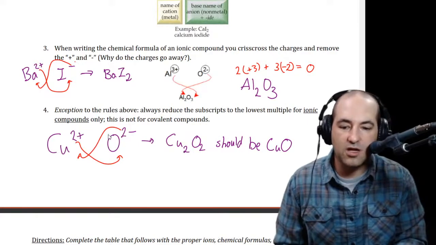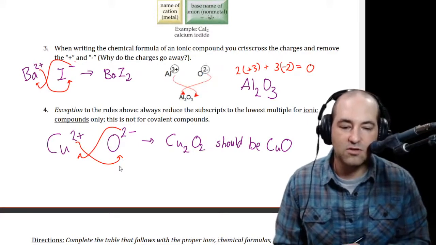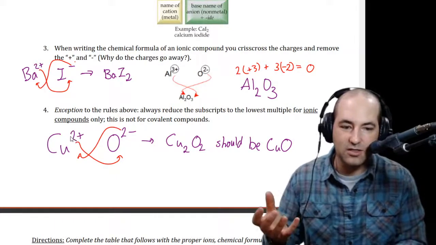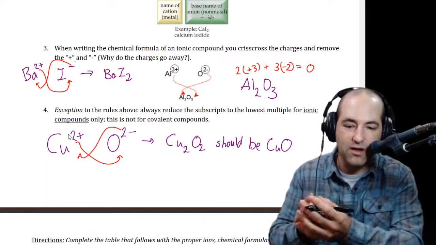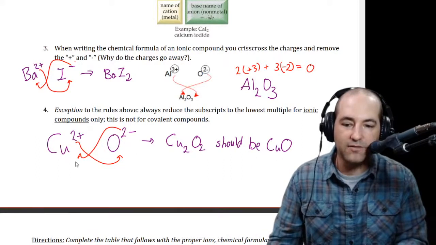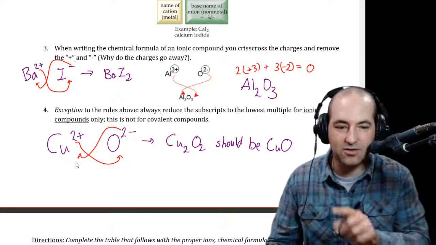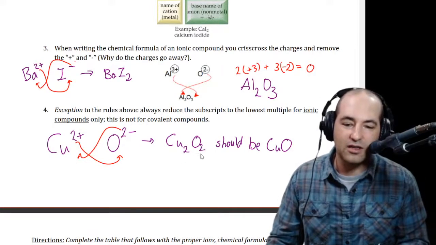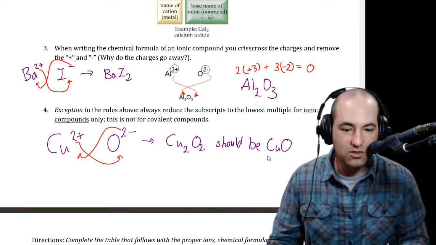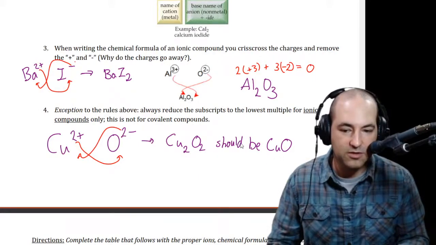And if you're just looking at the charges and you're not too attached to the crisscross method, you should be able to see that if you have a 2 plus and a 2 minus, you can just put them together 1 to 1 and get a neutral compound. But if you're always going crisscross, crisscross, crisscross, you could accidentally leave this as Cu2O2 when it should really be reduced to the lowest possible numbers.